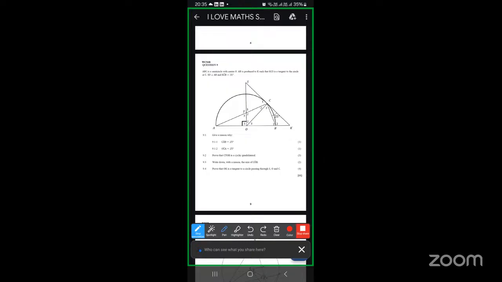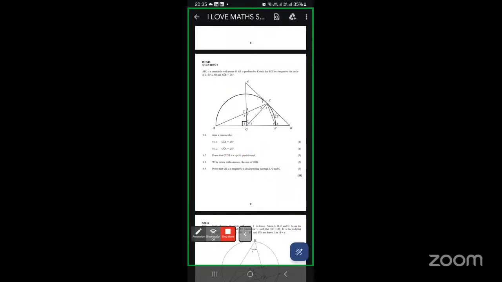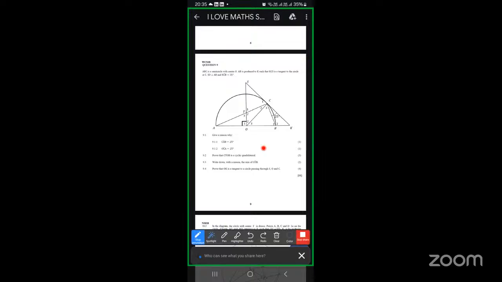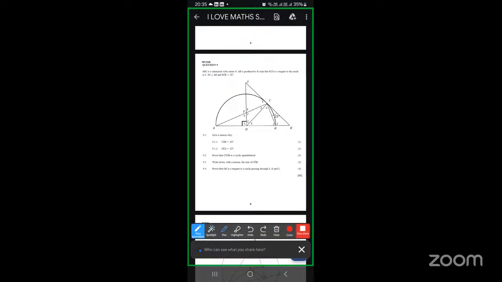We can proceed to 9.2. This one right here is saying, prove that CTOB, this one, is a cyclic quadrilateral.